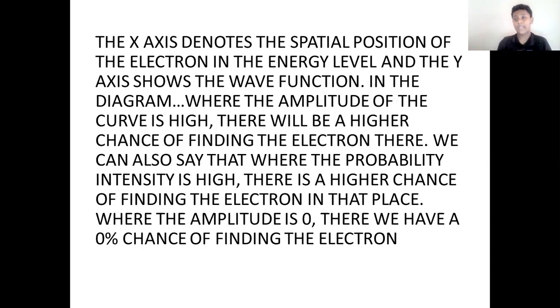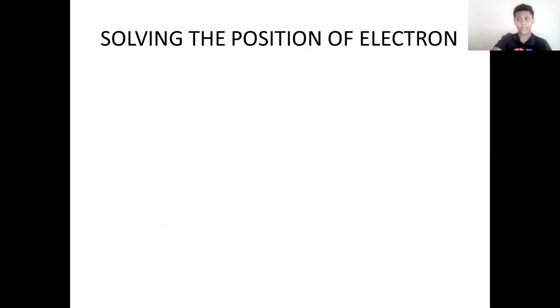Using the wave function, you can say that the curve which has the highest probability intensity, or the highest amplitude, gives a higher chance of finding the electron at that spatial position. And where there's zero amplitude, there's a 0% chance of finding the electron there.